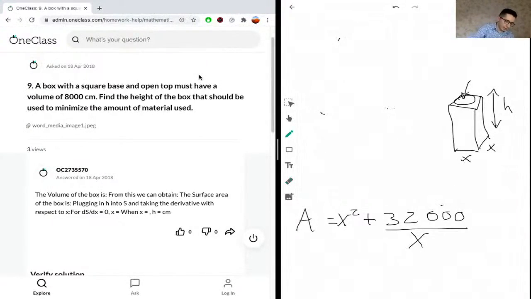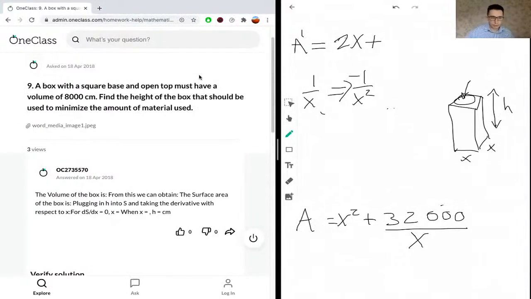So the derivative of the area is equal to, the derivative of x squared is just 2x, plus the derivative of 32,000 divided by x. So to look at this, the derivative of 1 over x is equal to negative 1 over x squared.